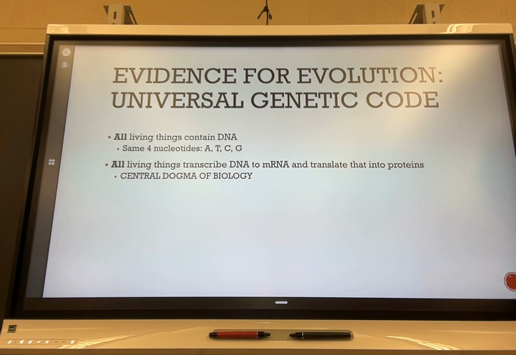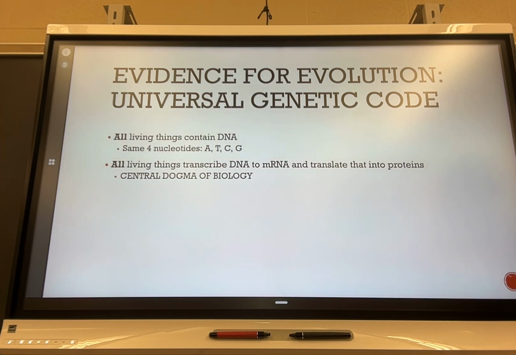The next evidence that we have is in our universal genetic codes. We said that back during DNA synthesis and back during mitosis and meiosis, we said that all living things contain DNA. They all have the same 4 nucleotides: adenine, thymine, cytosine, and guanine.